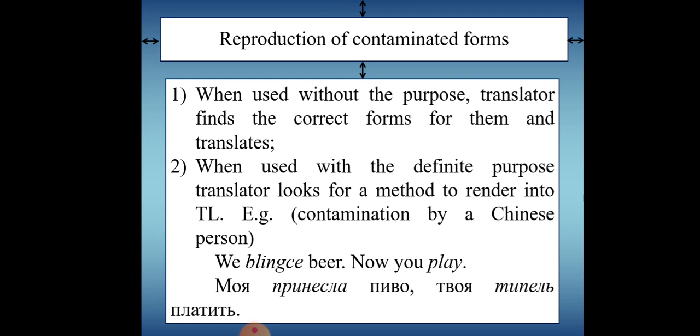In case when these forms are used with a definite purpose, they are used to point at foreigner speech and they become one of the ways of carrying out the pragmatic potential of the text. Therefore, the reproduction of pragmatic functions of these forms is the translator's task. The methods of reproduction of contaminated speech are rather conditional.